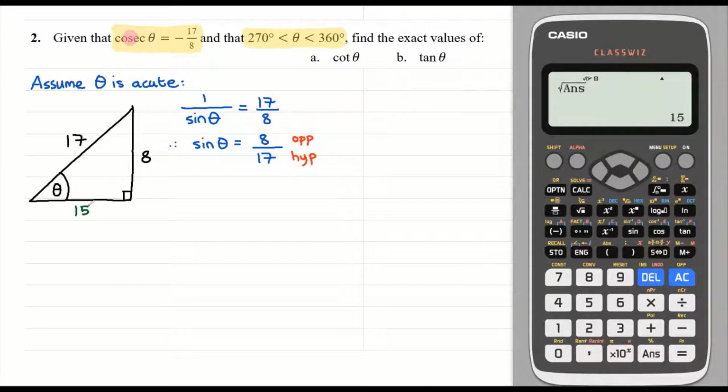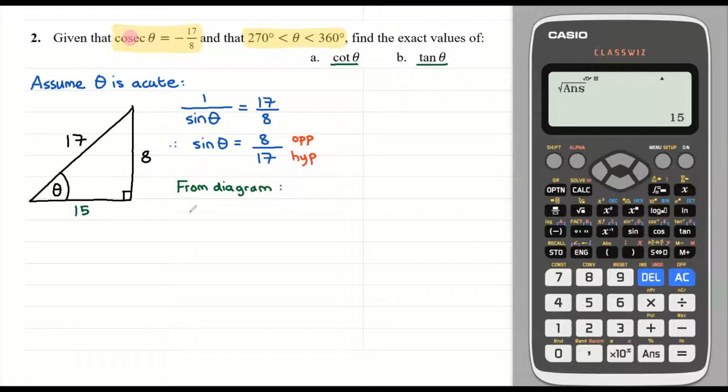Now, what do we need to find? Well, later on, we're going to be asked to find cot and tan. So let's write down tan and cot in that order for these acute angles. So we can see from the diagram, now we're not answering the question, of course. These are for acute thetas.